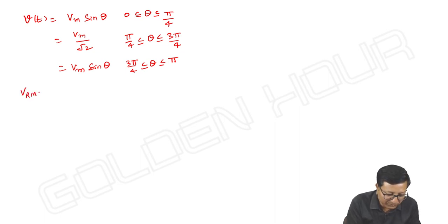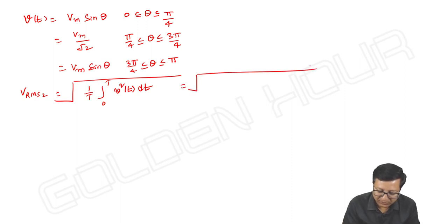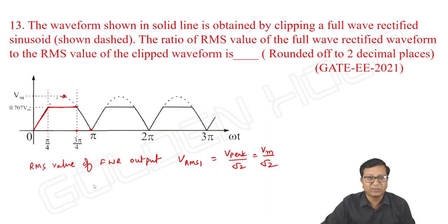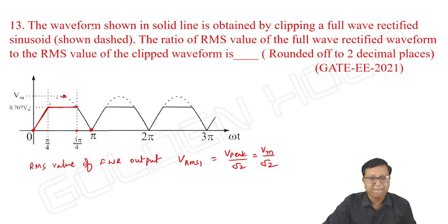Let me take it as VRMS squared. It is equal to 1 by T integral 0 to T v square of t dt. Or I can further write it as 1 by period, which is pi, over one cycle. I have defined it from 0 to pi, it is one cycle.